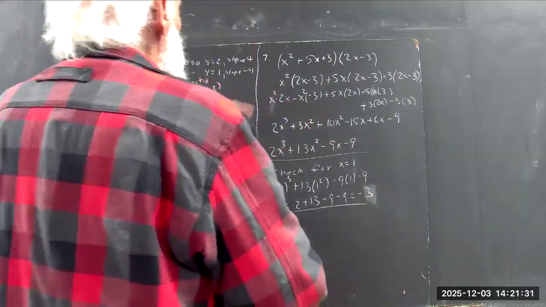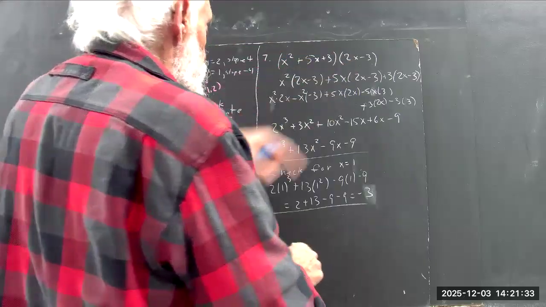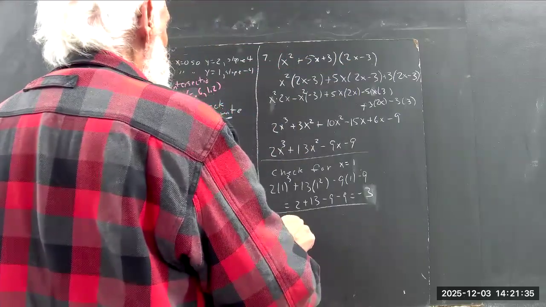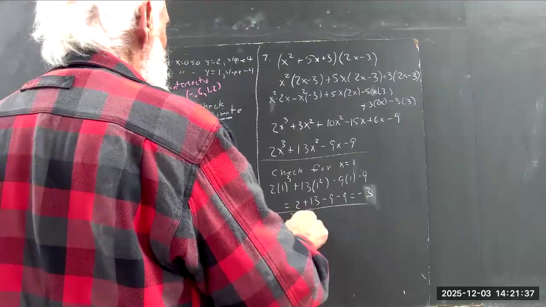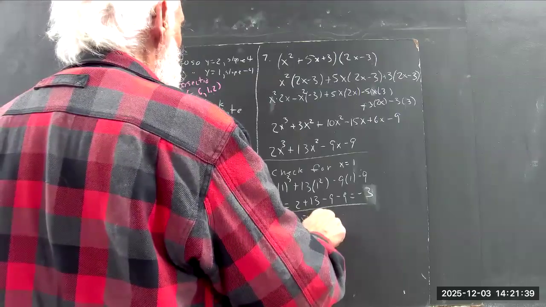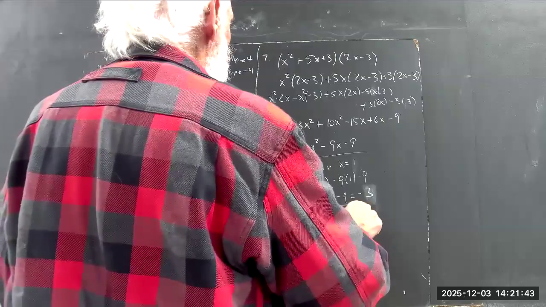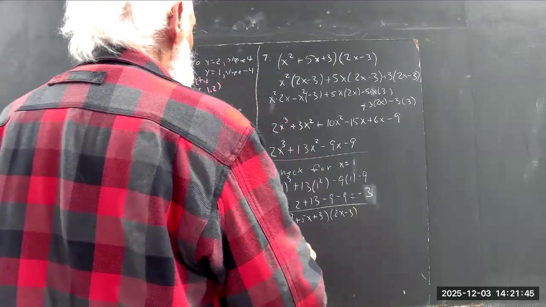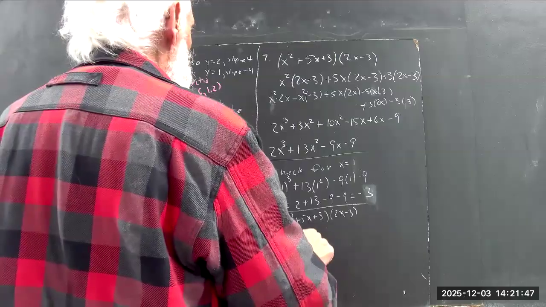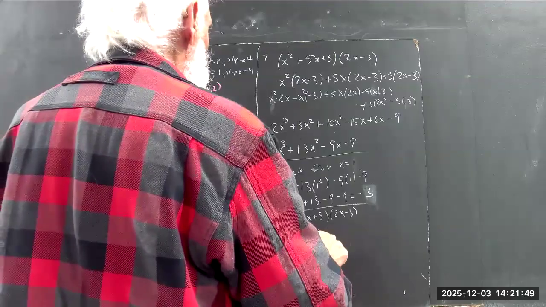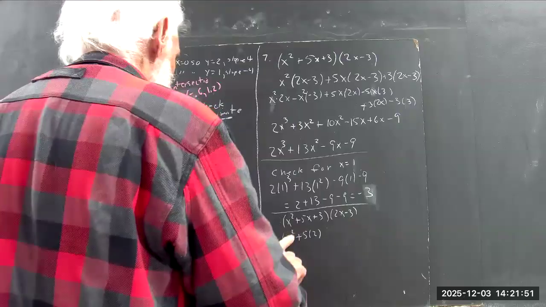Okay. If I write this expression out, this gives me 2 squared plus 5 times 2. Oh, sorry, we're doing 1.